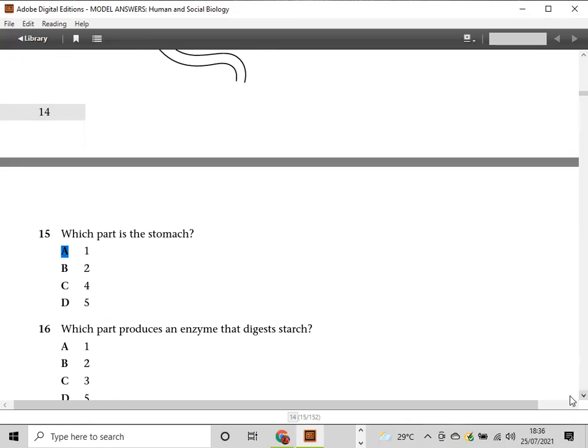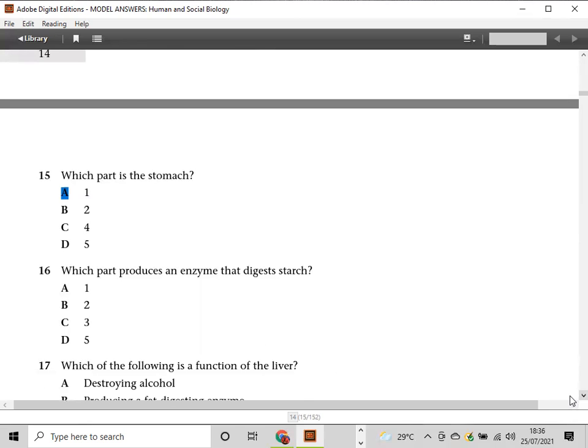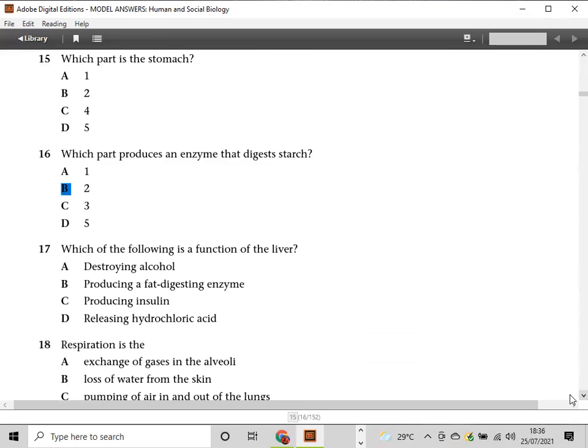Let me do this, guys. I'm so sorry. Number 16, E. I want you guys to interact with me and all of that. Number 17 is A. Just a function of the liver.